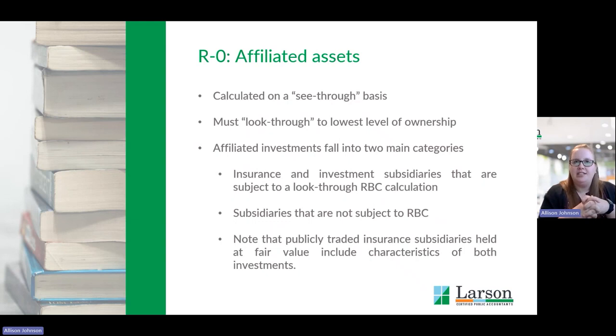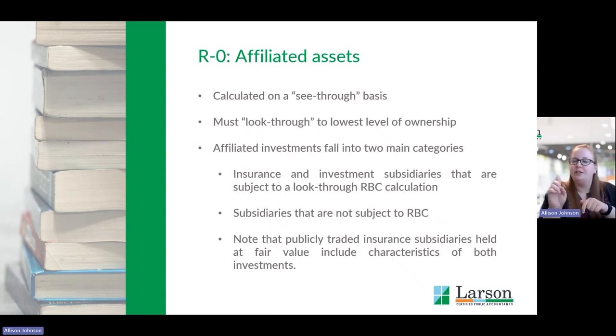Affiliated assets are calculated on what we call a look-through or see-through basis. You have to look all the way down to the lowest level of ownership to see what this qualifies. Affiliated investments typically fall into two categories.